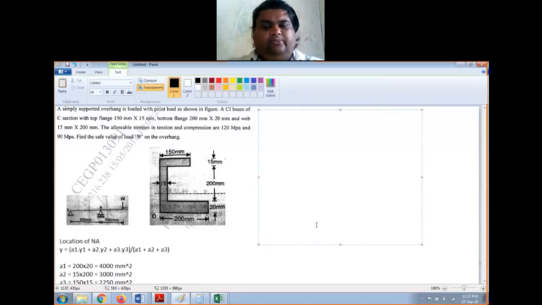Right? Now first I have to find the support reactions. So for finding the support reactions, first let us take moments about point A. This load W into the perpendicular distance 900 plus 700, so that will be 1600 mm.